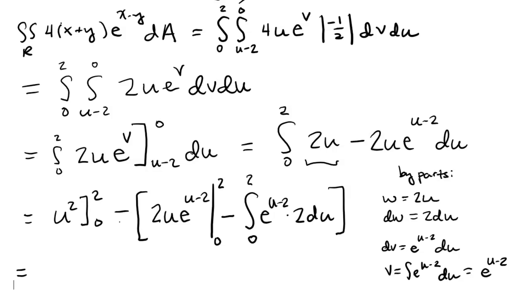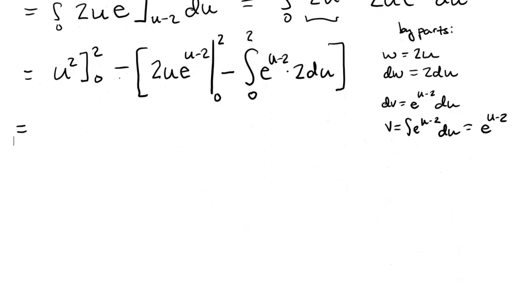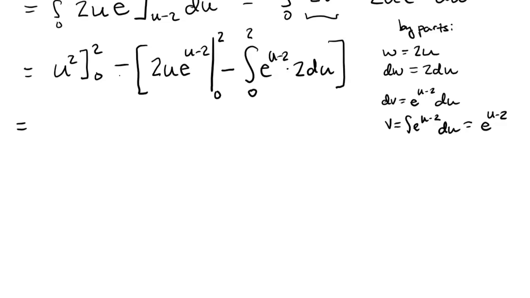Almost there. So let's see what we've got now. So u squared evaluated at 2 is 4, minus u squared evaluated at 0 is 0. We'll then have minus 2u e to the u minus 2 evaluated at 2. We'll have 2 times 2, which is 4, and then e to the u, so 2 minus 2, e to the 0 is 1.